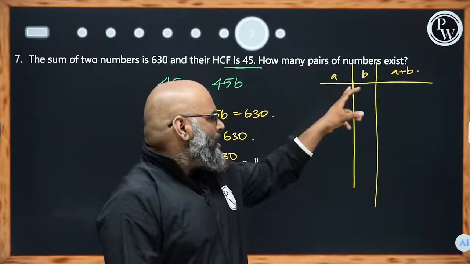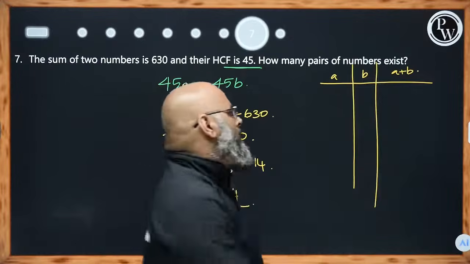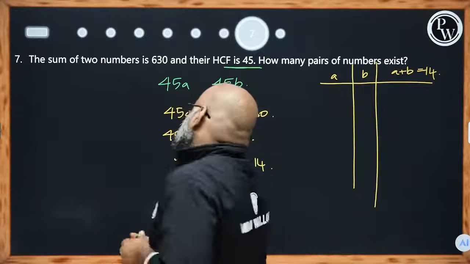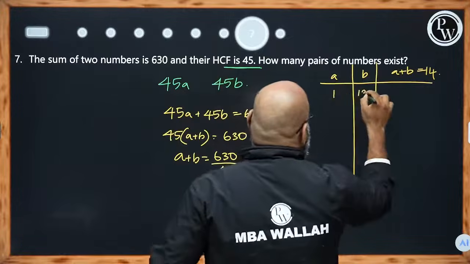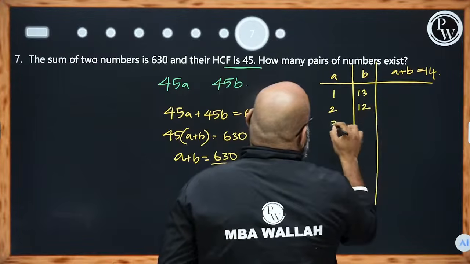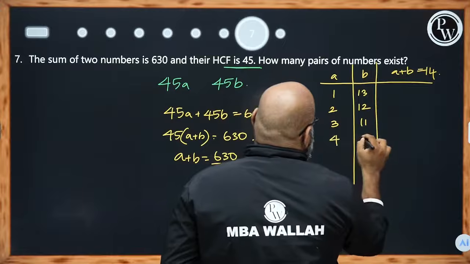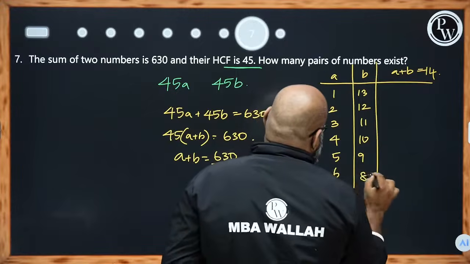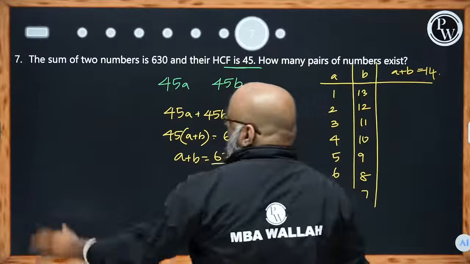But A plus B equal to 14. Now, shall we write a few cases that we get? I can easily take 1, 13, 2 and 12, 3, 11, 4, 10, 5, 9, 6, 8, 7, 7.